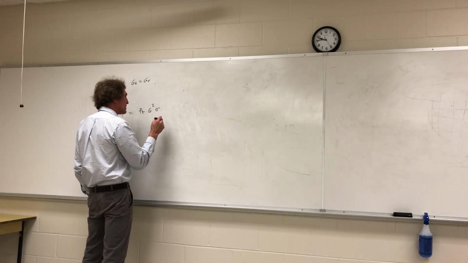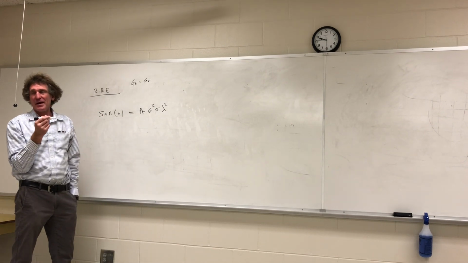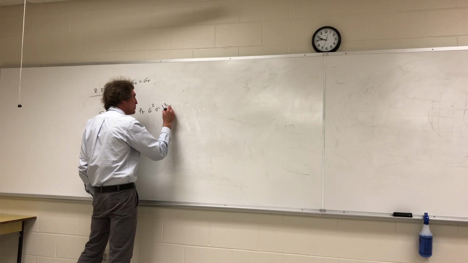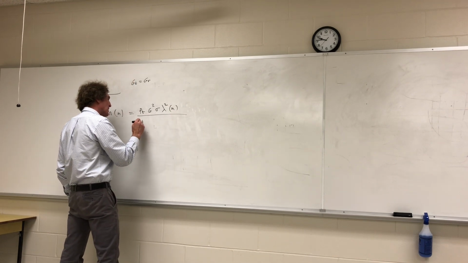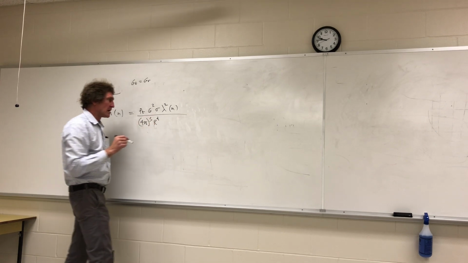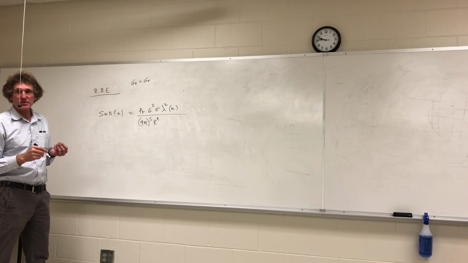After that, you get lambda squared on top. I think you remember this one. After that, you get the number of pulses. Now this is divided by (4 pi)^3 R^4, and that takes care basically of the power received in n pulses.